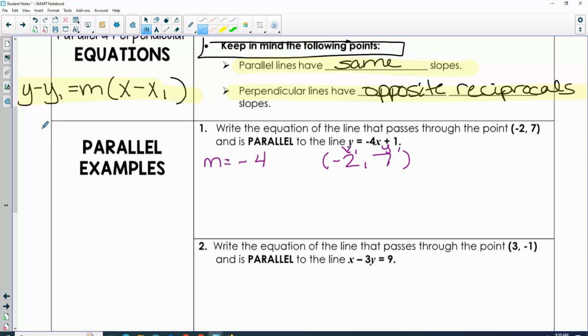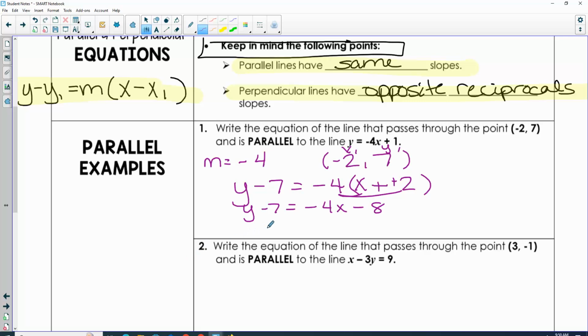So now we plug all of this in. So y minus, what is the y1? Equals m, -4, times x minus -2. And then this negative becomes positive. y minus 7 equals, we have to distribute, so -4x minus 8.